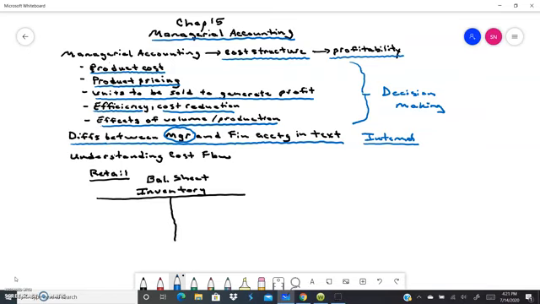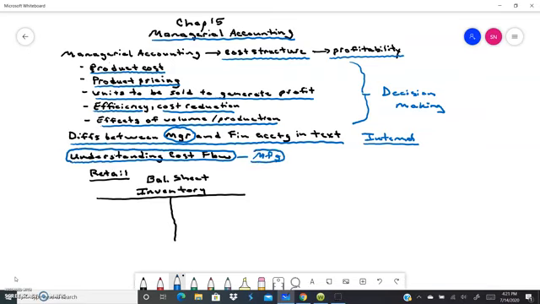So in chapter 15, I think the primary objective of this chapter is the understanding of the cost flow. And again, we're talking about a manufacturing environment.